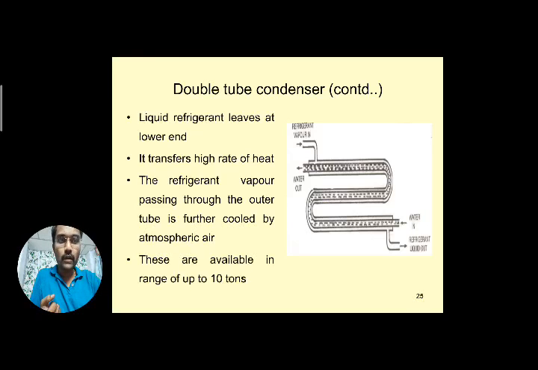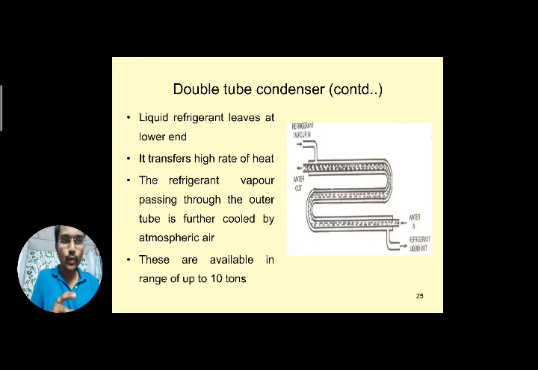These are available up to a range of 10 tons, but it can be utilized for bigger sizes, but compared to other shell and tube and shell and coil condensers, it is mostly utilized for 10 tons. Okay. And here also you should utilize clean water because of its structure.